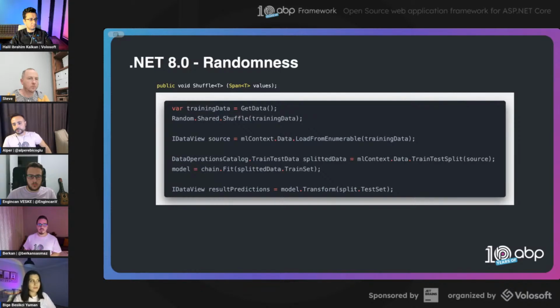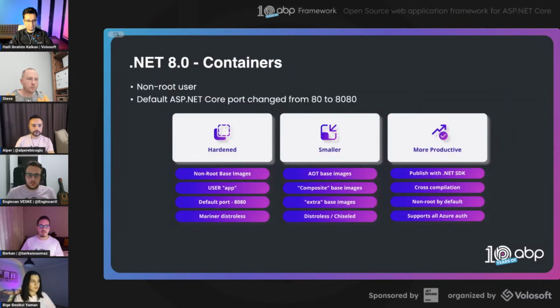And secondly, the new Shuffle method lets you randomize the order of a span. This method is useful for reducing training bias in machine learning by varying the order in which training and testing data are presented.